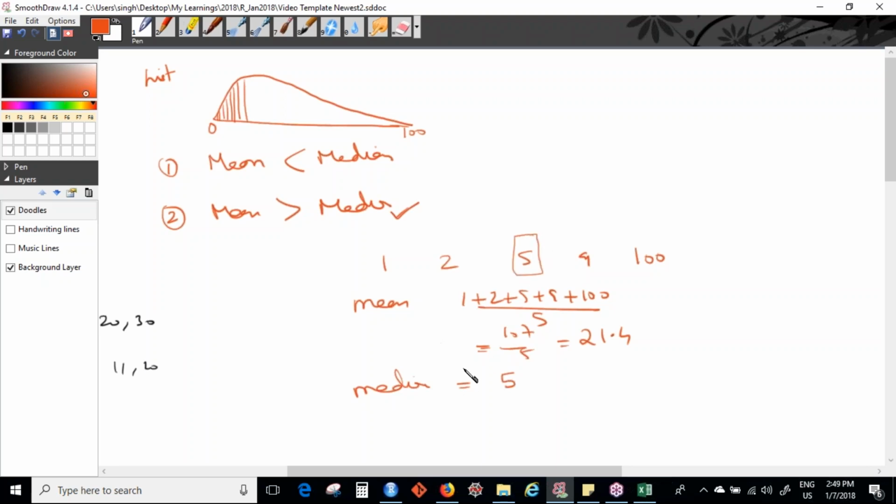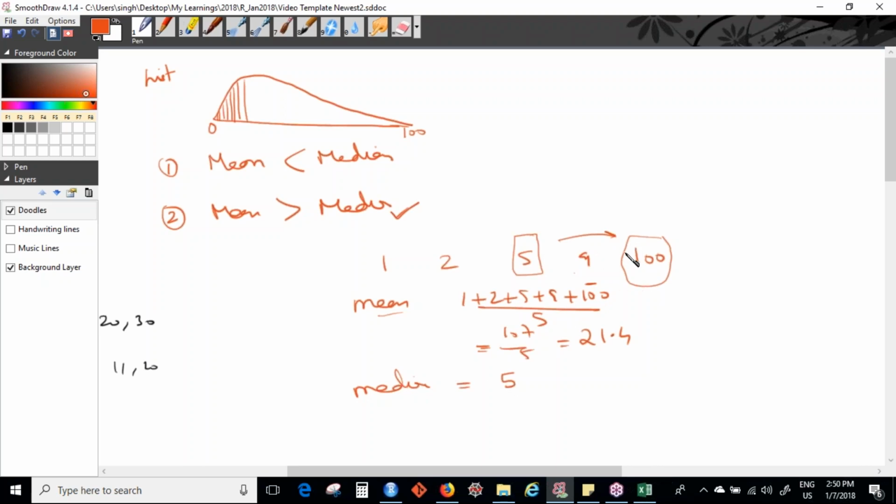So see what happened here. This was like an outlier to me, right? Because this value was very different from the other values. Since you added this value to the sum, the entire sum became huge and the mean got pushed towards the outlier. The mean increased just because of this value, but the median was unaffected by 100.